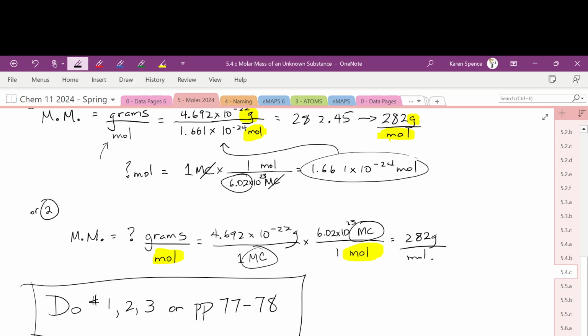You can do 4 and 5 if you get finished early and you're waiting for people.